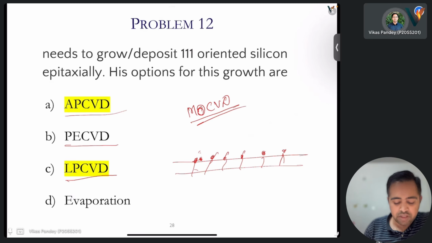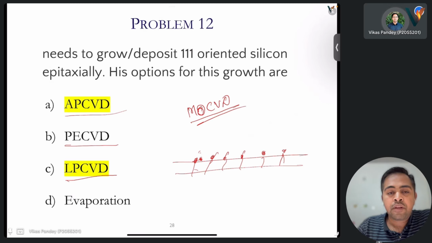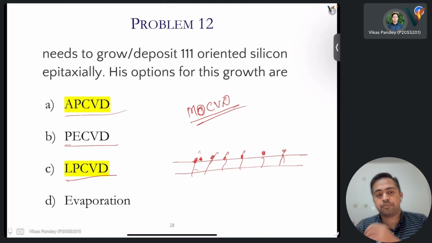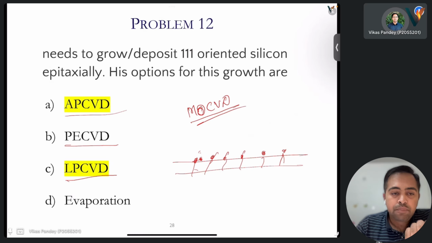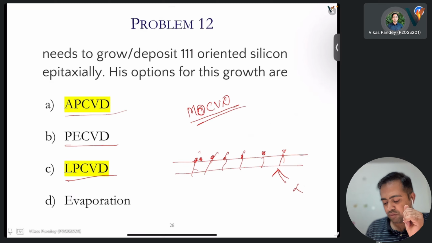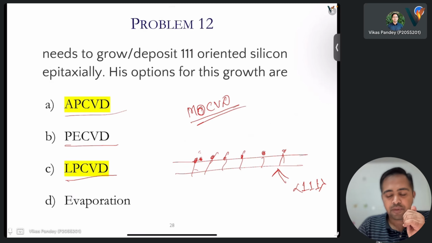Whereas in case of PECVD, since we don't have the temperature, the reaction will occur and silicon will be produced, but it will not have adequate energy to orient itself. That is why APCVD or LPCVD can be used to deposit, but in that case, the underlying substrate must also be 111. Then only it will try to orient itself.